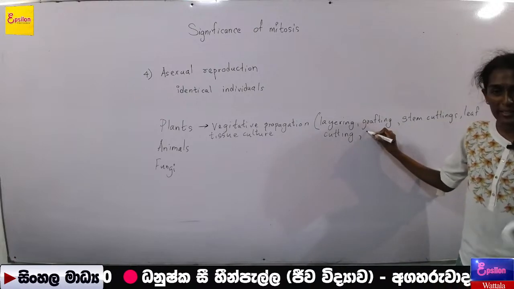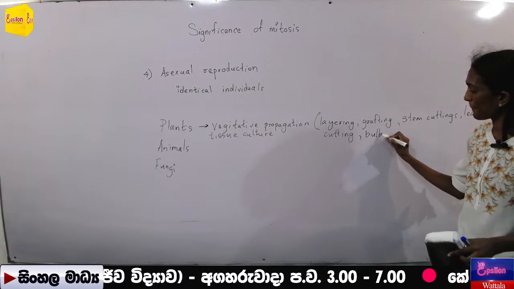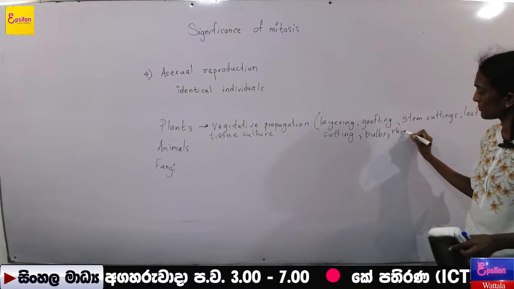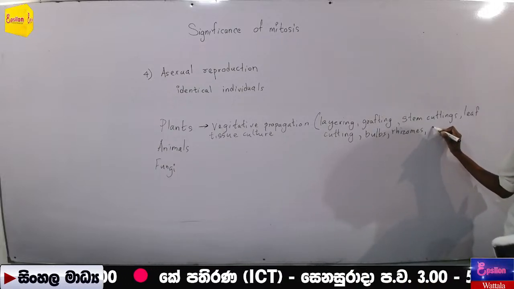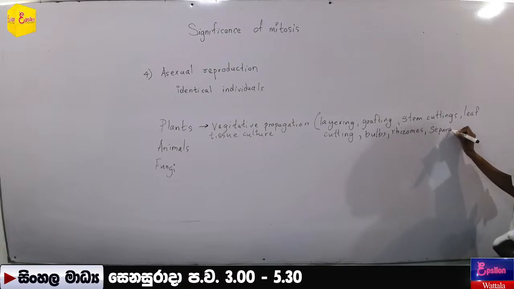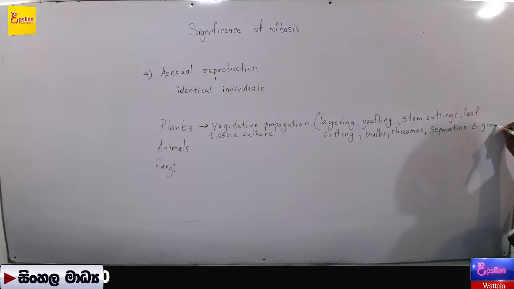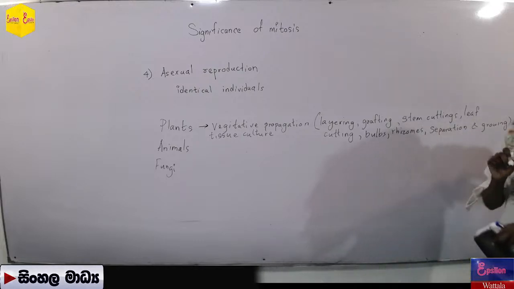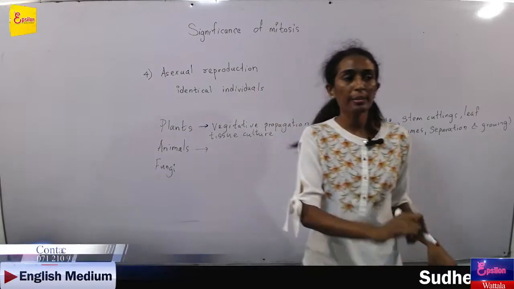Using bulbs, rhizomes, corms, those are also included in this one. Then separation and planting of plantlets. Okay, no? Alright. Do you know any animal asexual reproduction methods?